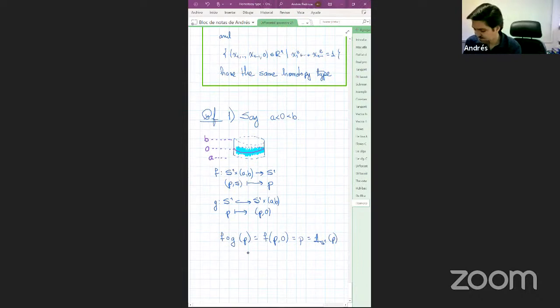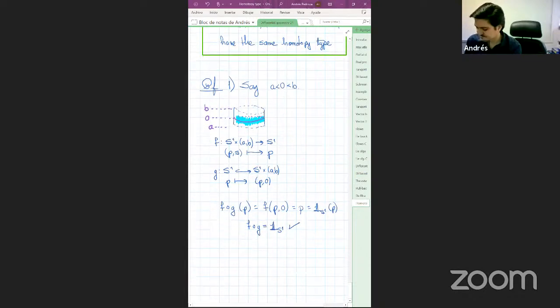Okay, so this is cool. Now we need to compose the other way around. So this is G applied to P, and this is (P, 0).